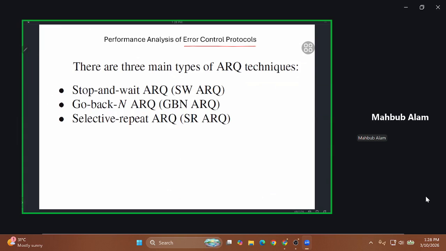So we have three end-to-end protocols. These end-to-end protocols ensure two things: guaranteed and in-order delivery.